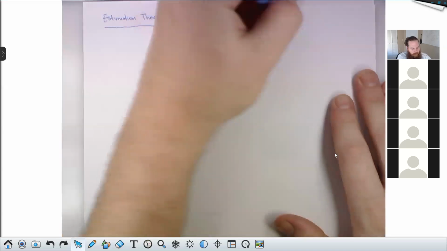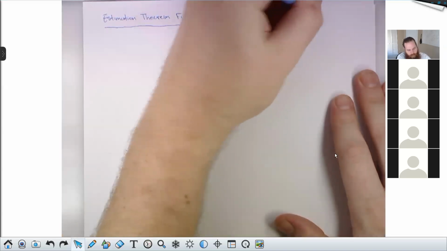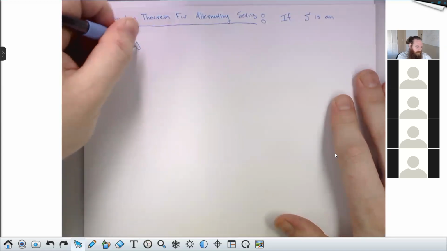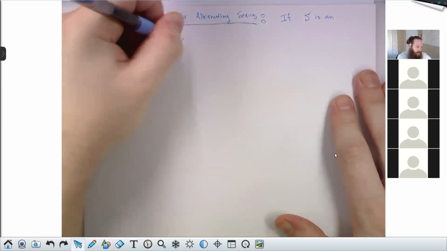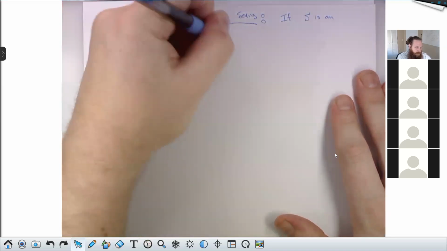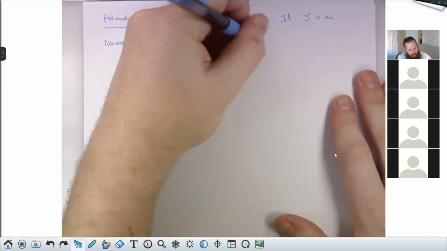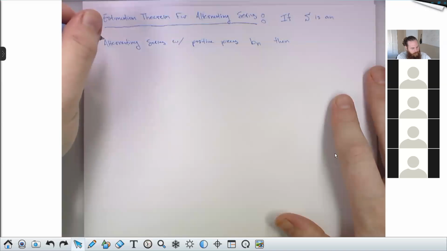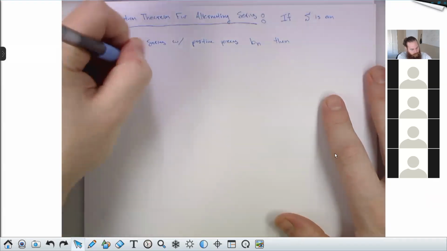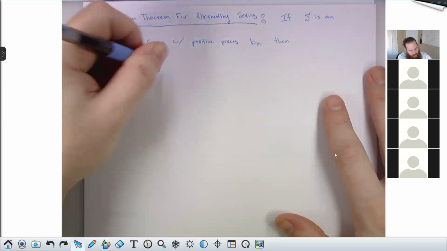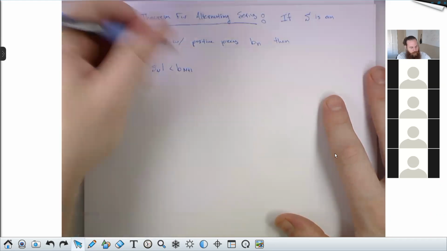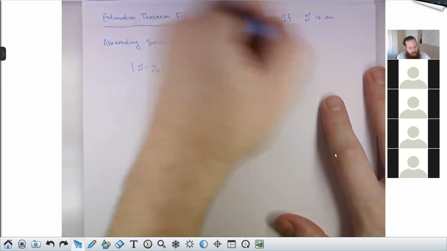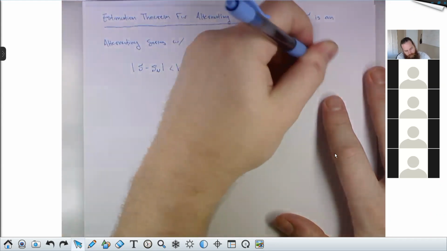But this says if S is an alternating series with positive pieces Bn, then S minus Sn is less than Bn plus 1, provided S passes the alternating series test.